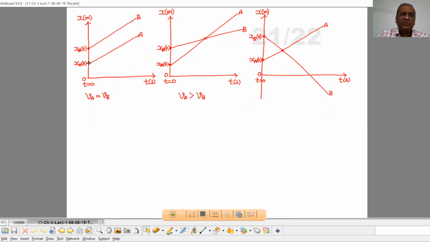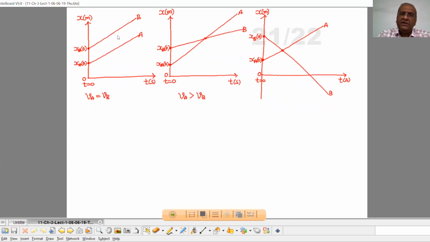At time t equal to 0, this is the position of A and this is the position of B. The graphs of A and B are both straight lines, perfectly parallel to each other, at some angle with the time axis.